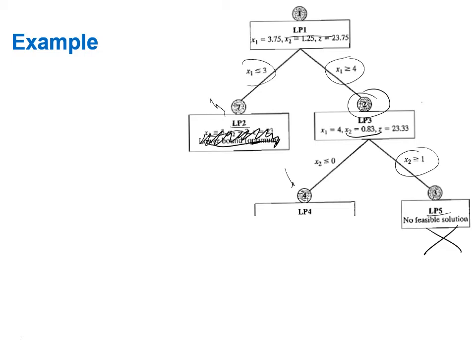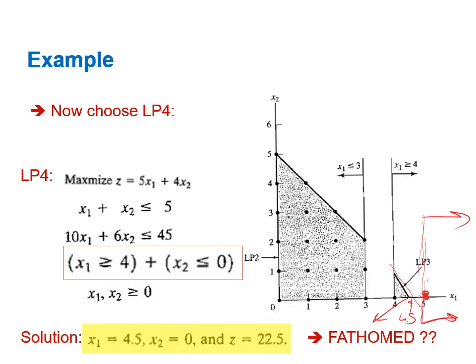So LP2 and LP4 are open. Which one should I select? Again, let's continue arbitrarily from LP4. When we consider LP4, we include X2 less than or equal to 0 into the model. And look, this is the right-hand side, X1 greater than or equal to 4. And I include this constraint, X2 less than or equal to 0.